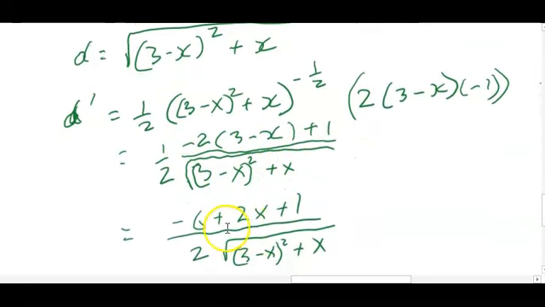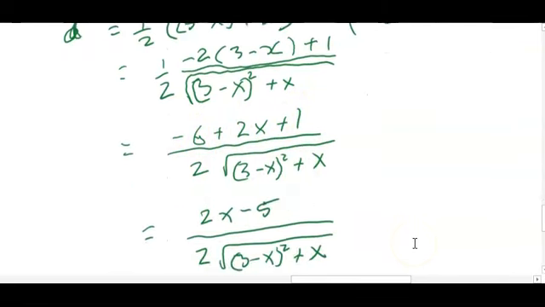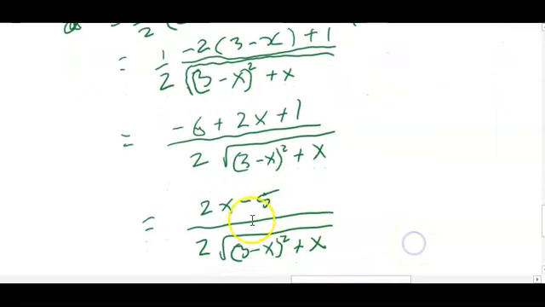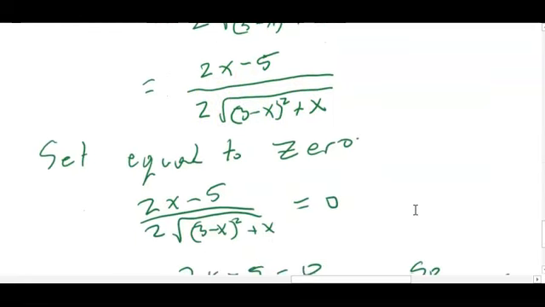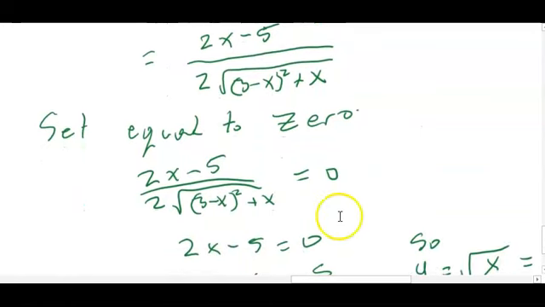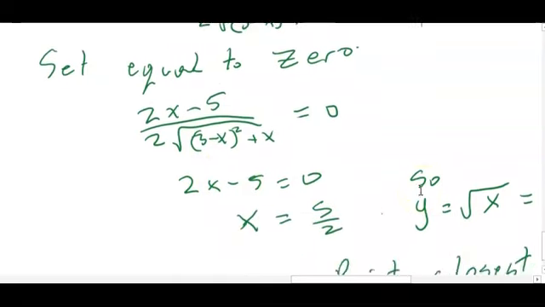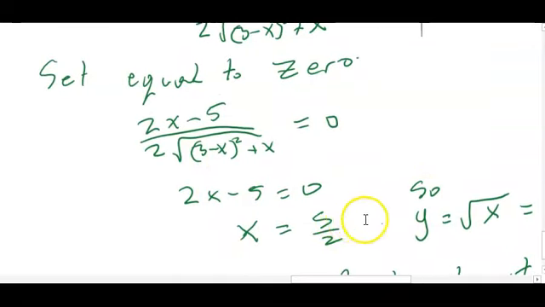And then that would be negative 6 plus 2x plus 1 all over 2 times the radical of (3 minus x) all squared plus x. Then keep on simplifying, that's 2x minus 5 over 2 radical (3 minus x) all squared plus x, and then setting that equal to 0. Simplifying, we end up with 2x minus 5 equals 0, so x will be equal to 5 over 2.